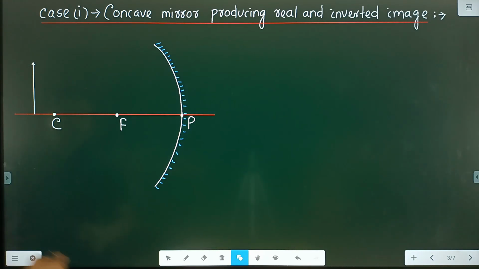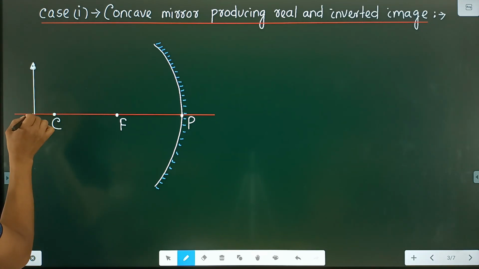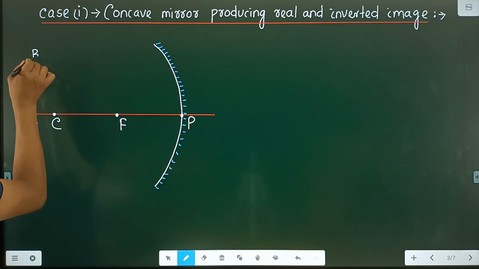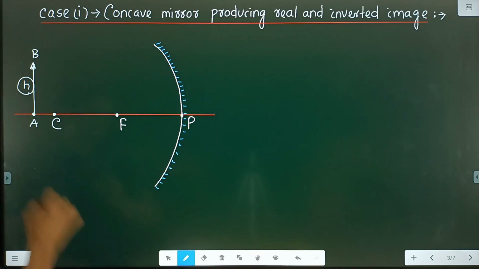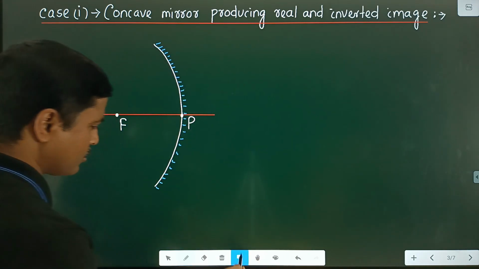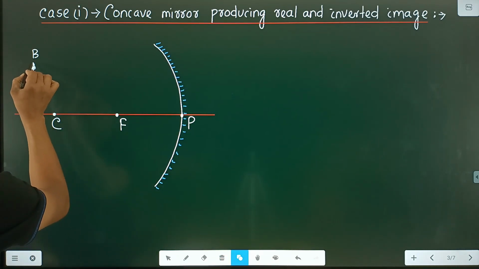This one is the object. And for the object height, we write AB. AB is the height of the object or size of the object. For this we write, suppose, H. Clear? Then we draw two incident rays from the point B.